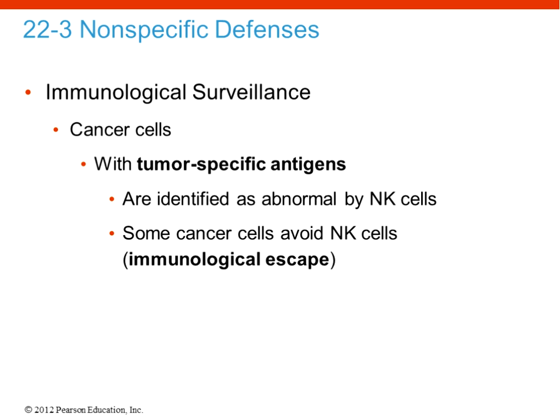All right, another one is immunological surveillance of cancer cells, as I was mentioning. These are natural killer cells that recognize cells with tumor-specific antigens, and the natural killer cells try to target them as well. However, cancer cells can be very tricky little guys, unfortunately.